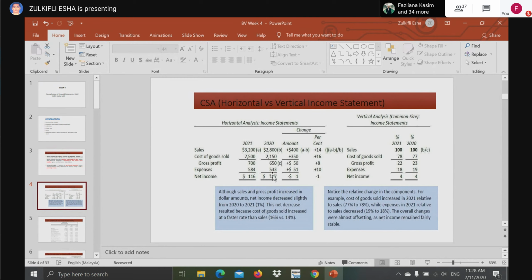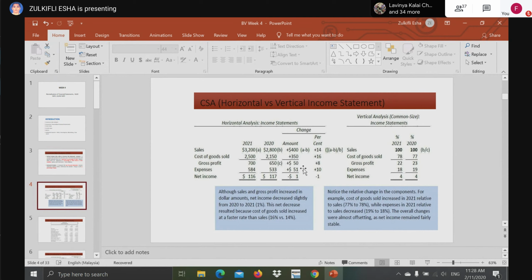In terms of expenses, there is some increment. In 2020, the amount of expenses is 533, but in 2021, the amount of expenses is 584.